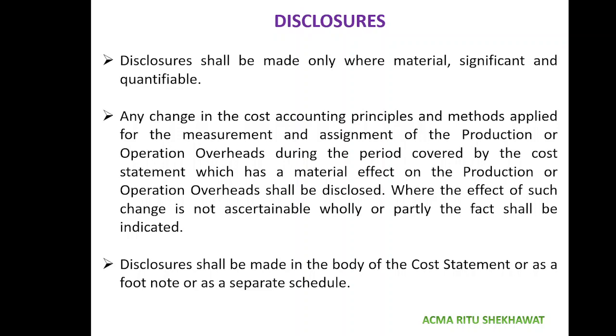It may have a material effect on production or overhead, or if any presentation of the cost sheet has been improved from the earlier cost accounting principles, then we also disclose it. Whether the changes affect wholly or partly, we have to disclose that too.